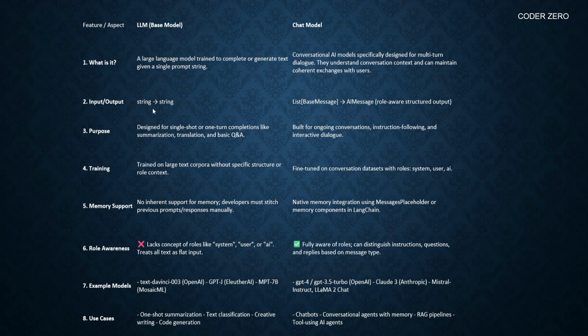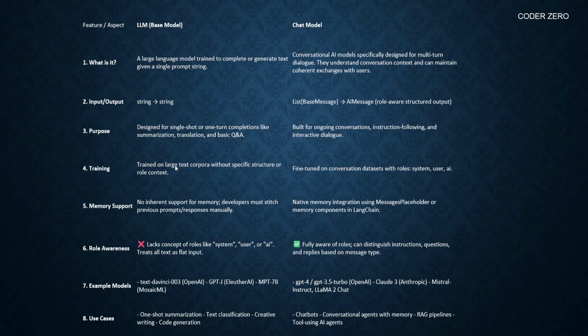Here we'll give string as input and we'll get string as output. Here we'll give a list of messages and we'll get an AI message as output. This is designed for single shot or one turn completion like summarization, translation, and basic question answering systems. Chat model is built for ongoing conversations, instruction following, and interactive dialogue.